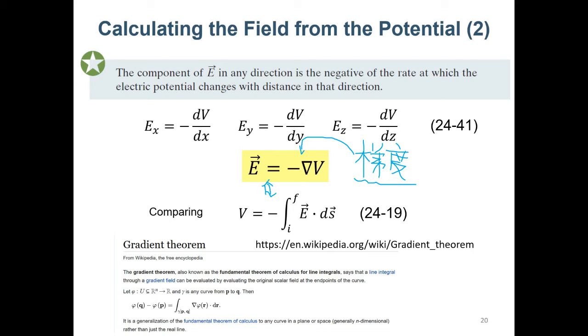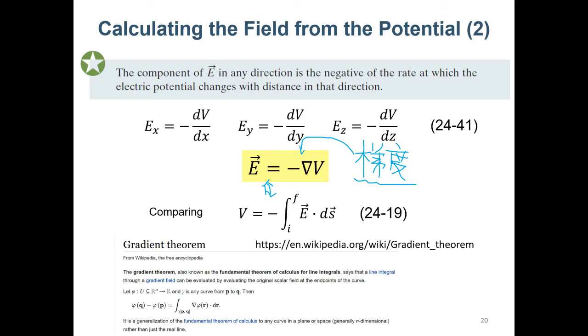Which means that if we can find the electric potential over the space, and then we take the gradient, which is this one, we take the partial derivative with respect to the x, y, z directions, this one is the x component, this one is the y component, and this one is the z component.